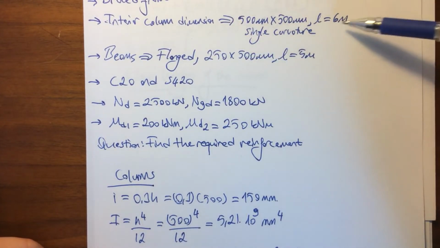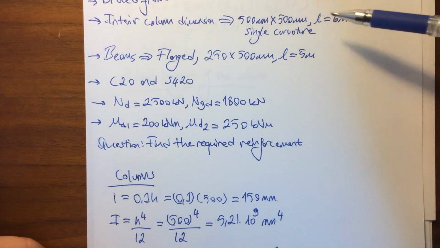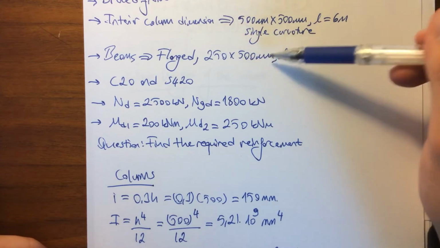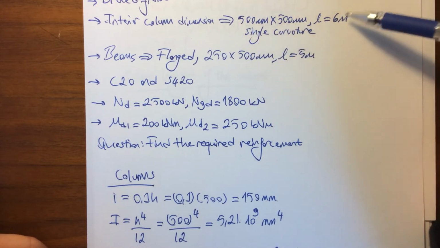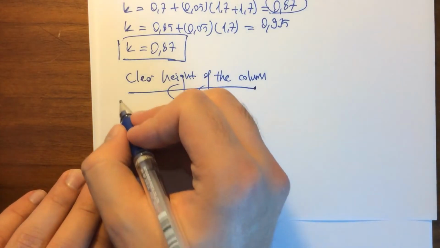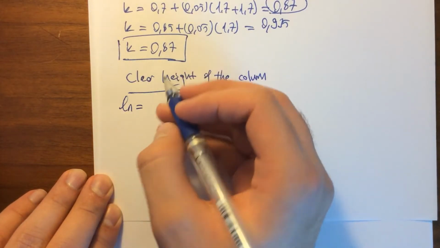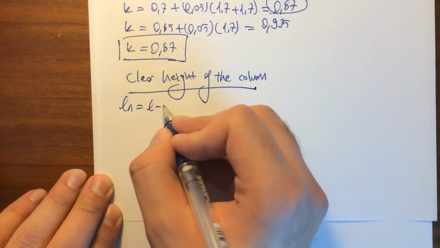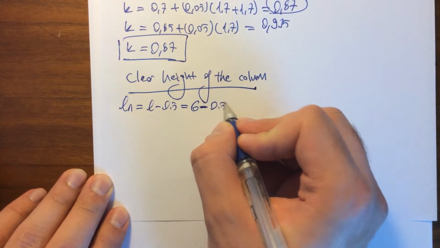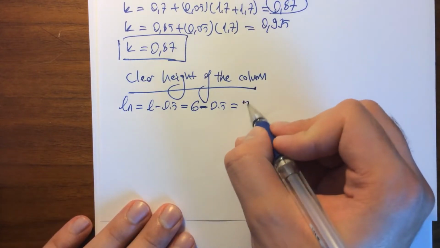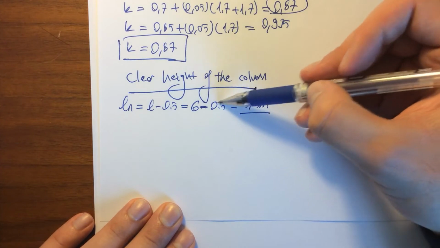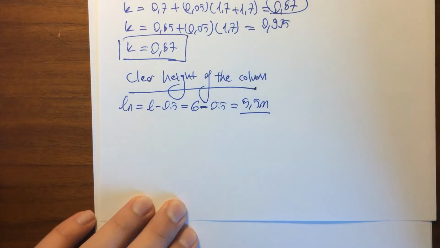The column length was 6 meters, so we're going to subtract this 500 millimeters, which is equal to 0.5 meters, from 6 meters, and this will result in the net length. So L minus 0.5, which is 6 minus 0.5, and we are left with 5.5 meters. This 0.5 was the beam depth that was given in the question.